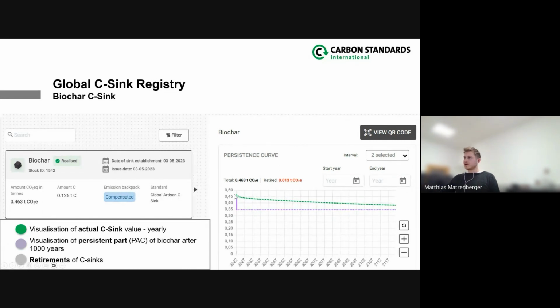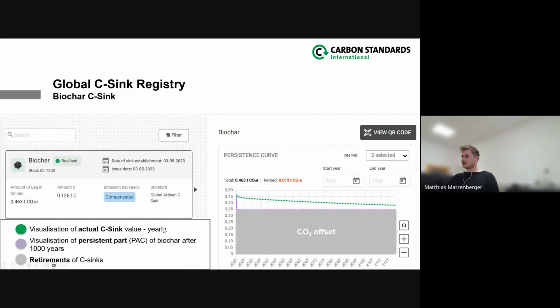And with the green line, you see a decay of the biochar over the years. With the purple line, you see the persistent part after 1,000 years of the biochar. So this CO2, this C-sink, let's say the 0.35 ton CO2 equivalent, is also available after 1,000 years. And now we can say, as Hans-Peter also mentioned, this is for eternity.